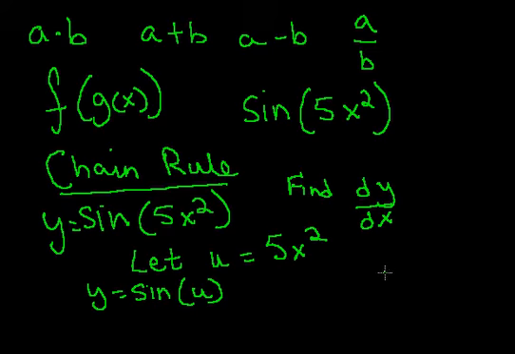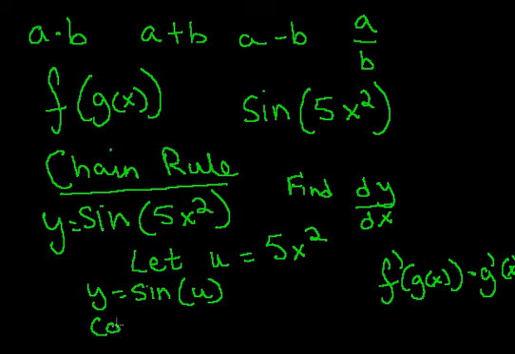To differentiate this, the rule says that you must find the derivative of f of g of x, and then multiply that by g prime of x. The derivative of the sine of u is the cosine of u, and the derivative of 5x squared is 10x.